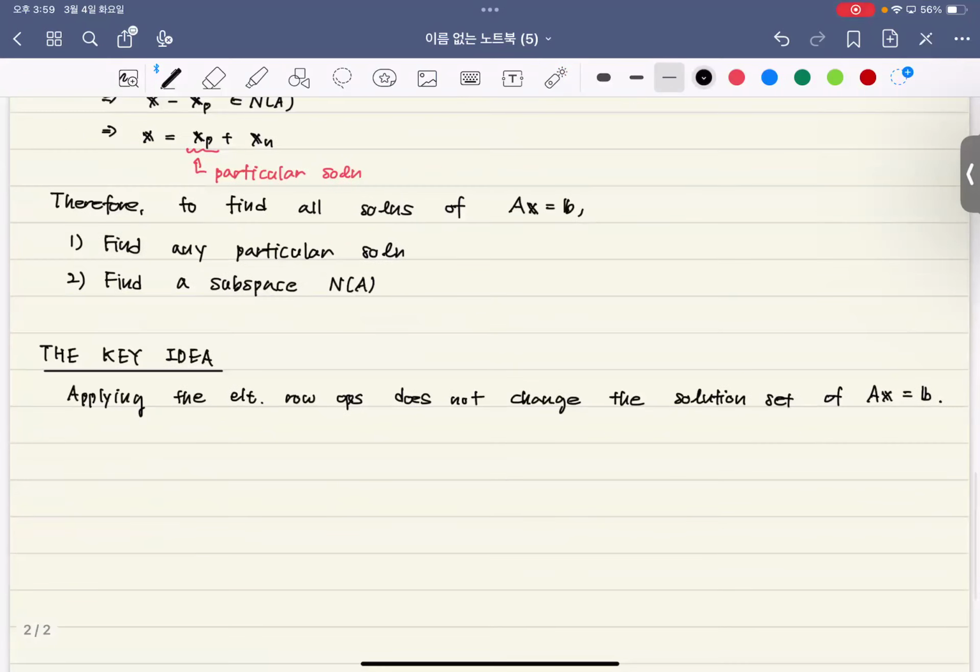Instead of transforming this into the upper triangular matrix, we will transform it into something more like an upper triangular shape. This is what we call an echelon matrix, or echelon form.